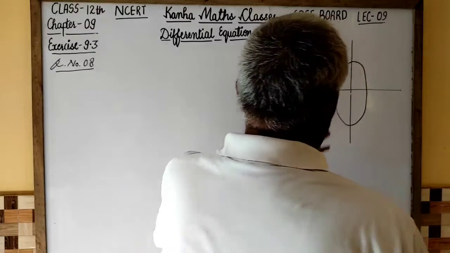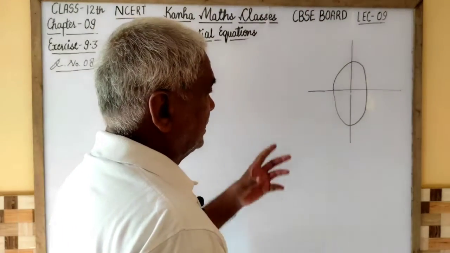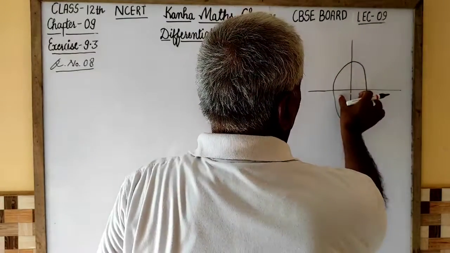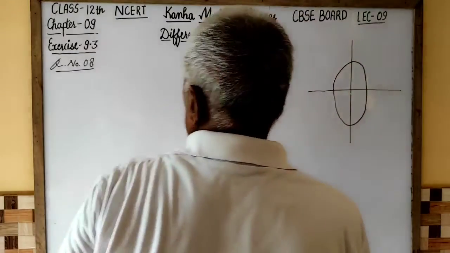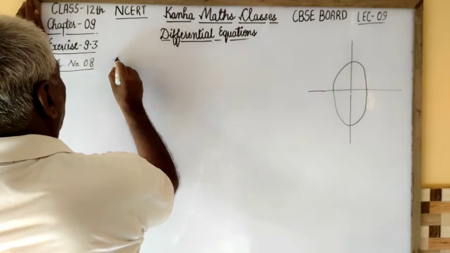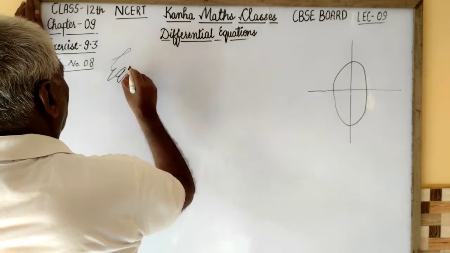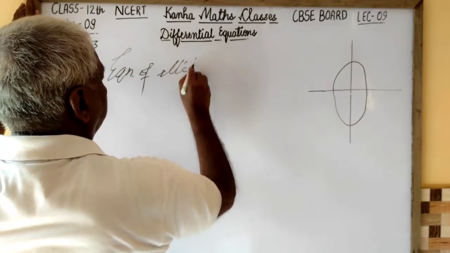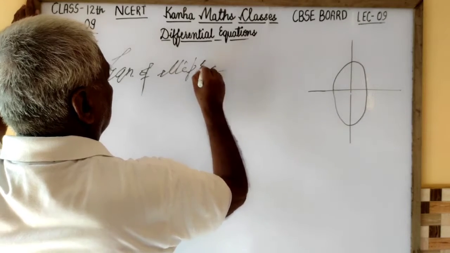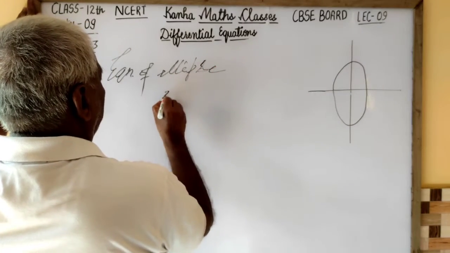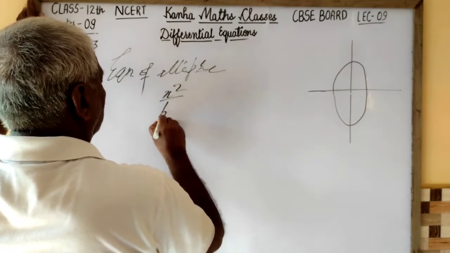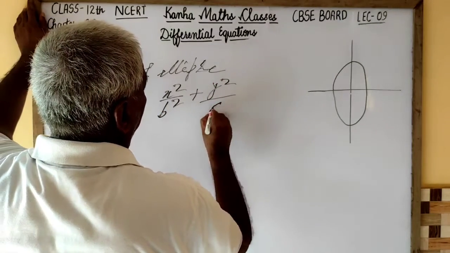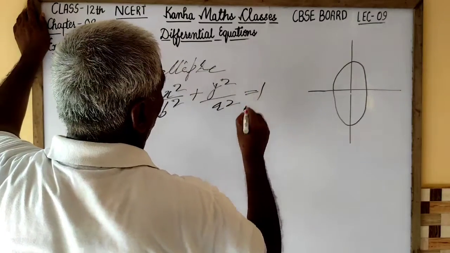It is clear from the figure that its major axis will be equal to 2b and minor axis will be equal to 2a. Hence the equation of ellipse will be x square upon b square plus y square upon a square is equal to 1.